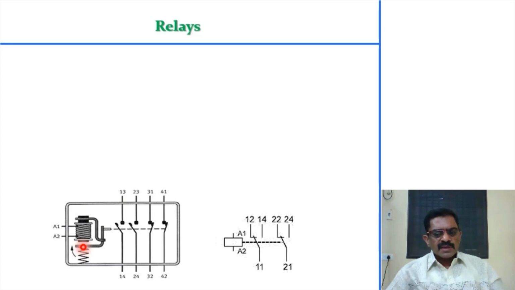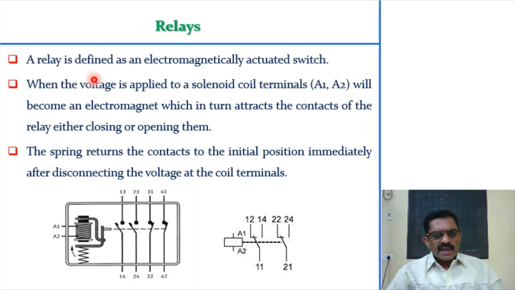Already we have seen the relay and solenoid working principle in earlier units, and if you still have doubts, please approach me. So relay is an important component in electro-pneumatics. A relay is defined as an electromagnetically actuated switch. When voltage is applied to the solenoid coil terminals, A1 and A2, it becomes an electromagnet, which in turn attracts the contacts of the relay, either closing or opening them.